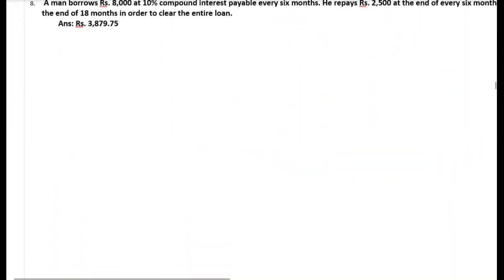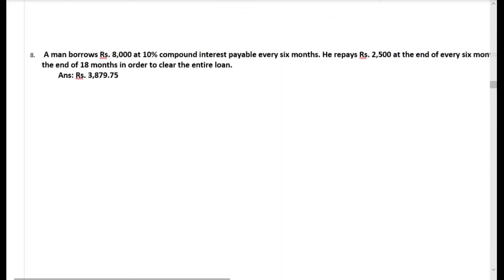Next question. A man borrows rupees 8,000 at 10% compound interest payable every 6 months. Now see what is happening. Principal is 8,000, rate is 10%, and it is payable every 6 months. Compound interest payable every 6 months means compounded half yearly, right? He repays rupees 2,500 at the end of every 6 months.